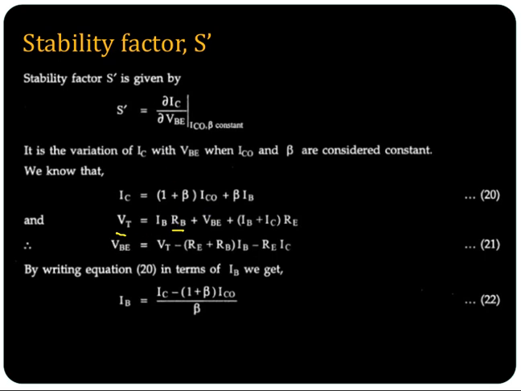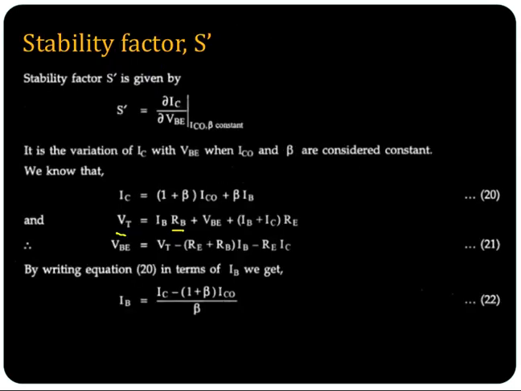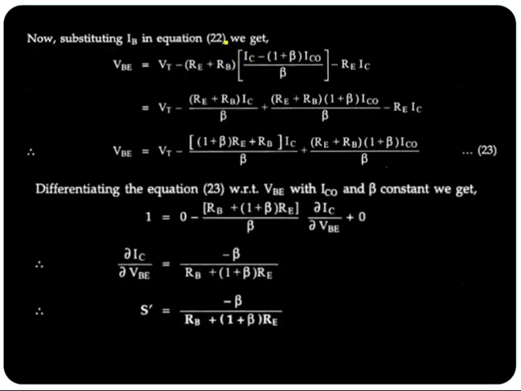Now substituting this expression in the expression for VBE, it is not 22, it is 21. So you get an expression like this. So VBE is equal to VT minus, you can simplify and form this equation number 23.